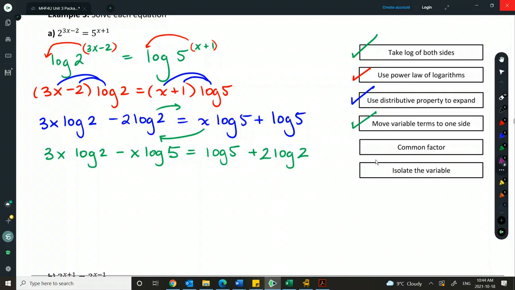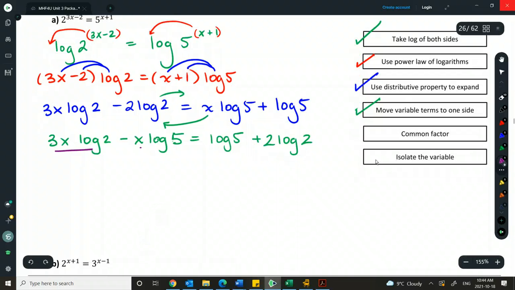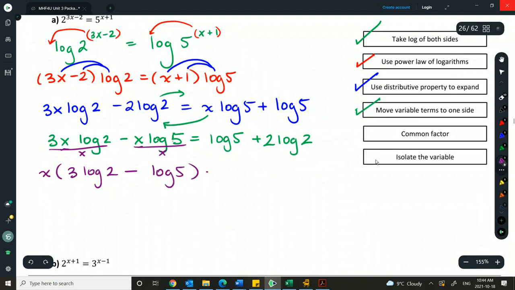Solve and find out what x is. So I have an x in this term, and I have an x in this term. I'm actually going to common factor the x from both terms, which means I will take it and write it out of a set of brackets here. So I'm dividing both of these by x, common factoring, and I'll be left with 3 log 2 in the first expression minus log 5 in the second expression. So common factor, that's the next step.